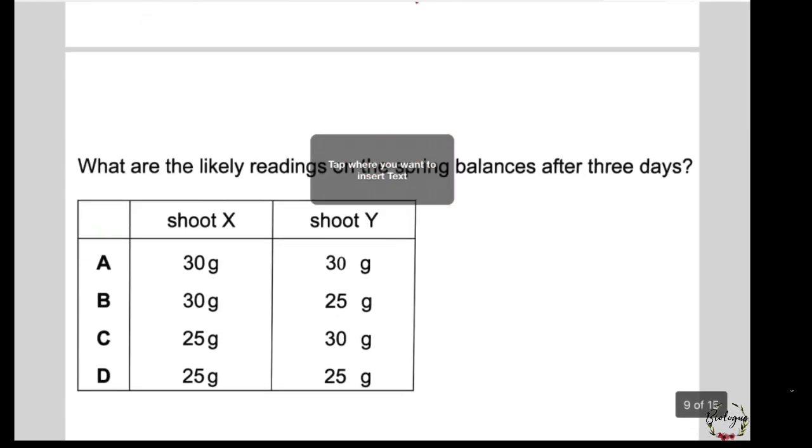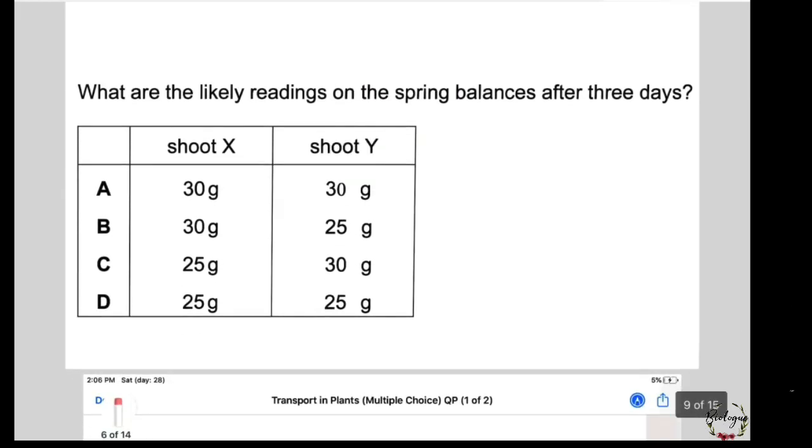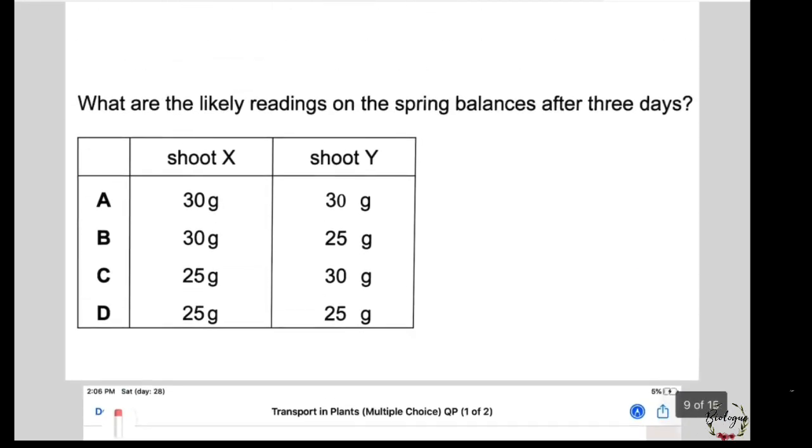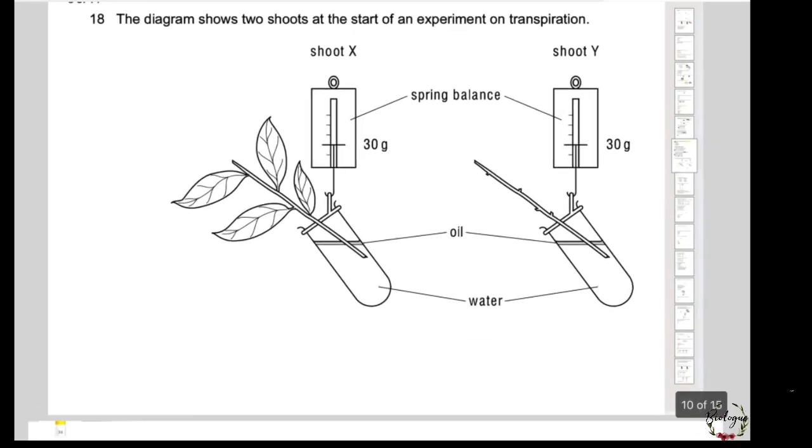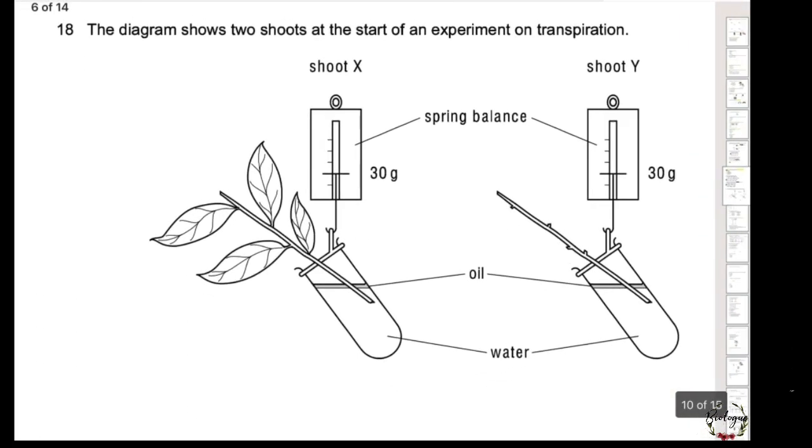Moving on to the next question. What are the likely readings on the spring balance after 3 days? Alright, so this is the question. Here is the data that has been given to us. The diagram shows two shoots at the start of an experiment on transpiration. As you can see, here there are leaves present, but here there's a lack of leaves because over here there's no leaves.